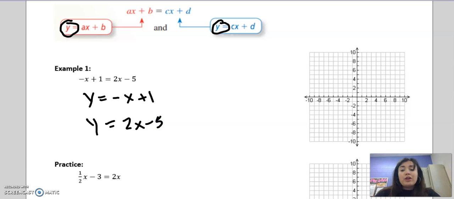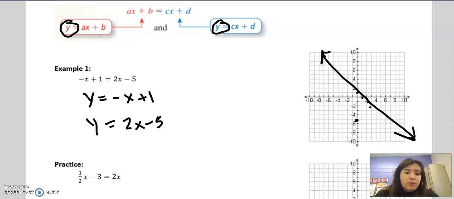Okay, from here all we're doing is graphing, which we already know how to do. Start off by graphing the top one. We're going to go to plus 1, mark our point. It's negative x, so we're going to go down 1, right 1, down 1, right 1, and we're going to make our line. Okay, now we have negative 5.